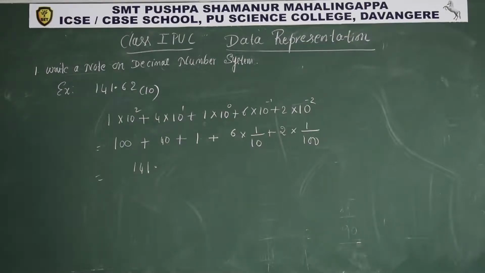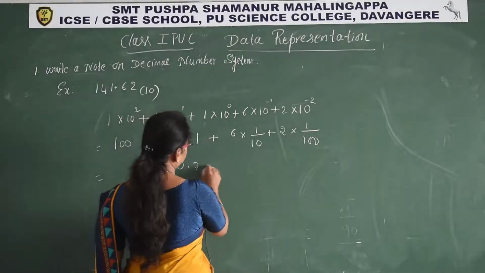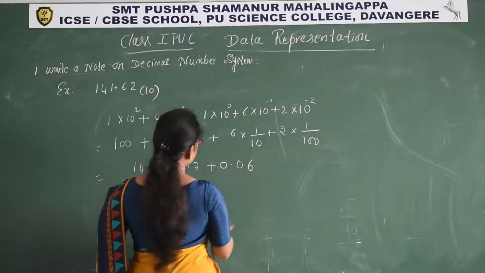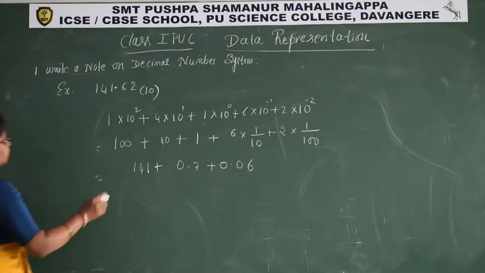So finally you can write 141 point 0.7 plus 0.06. Sorry, 76, I'll take 76 here.